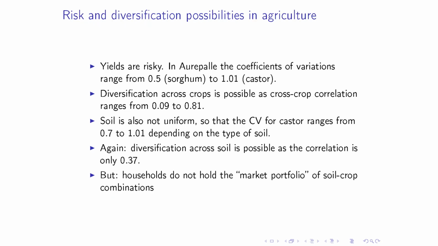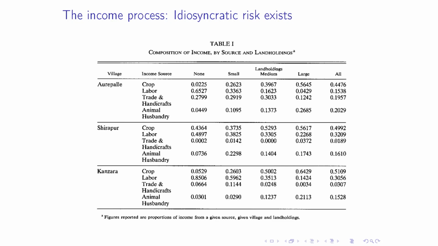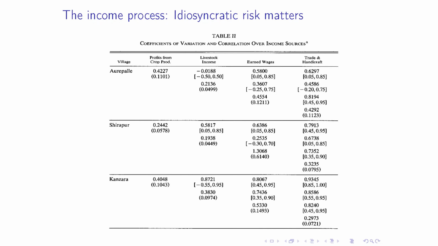Then we went through characteristics of village economies, and the main thing here was the risk. In particular, in village India, we looked at the risk of harvest yields on various crops, of crops by soil type, of income by type, and we uniformly saw a very high risk in all these categories, as well as some diversification possibilities. For income, not everyone has the same income sources, and there's high risk in each, but the covariances are sometimes relatively low.